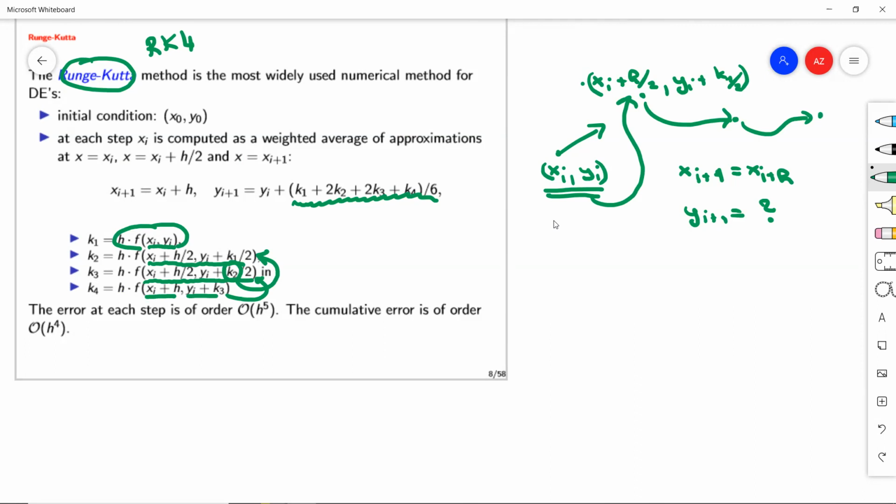And now we take averages of the tangents in those 4 points, and out of them we get the average slope of the tangent. And the weights are 1 over 6, then 2 over 6, which is 1/3, then 1/3, and 1 over 6.